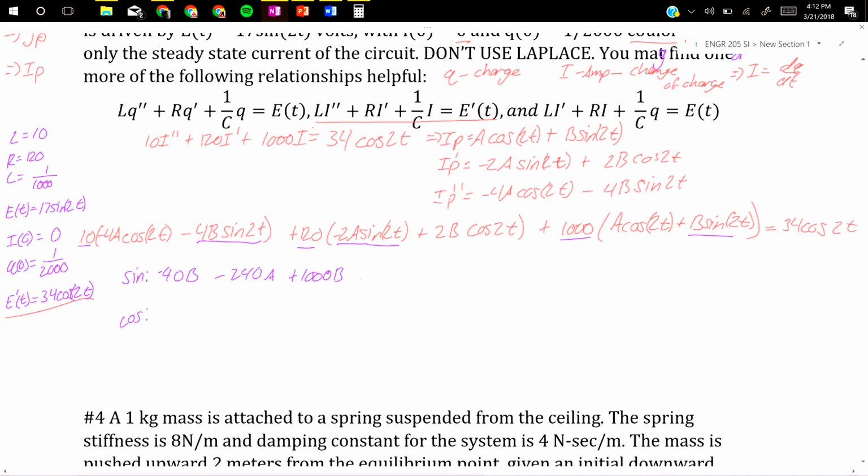And then since we're equating this to the right side of the equation, there is no sine, so that implies we have a 0. So it's 0 sine over here.